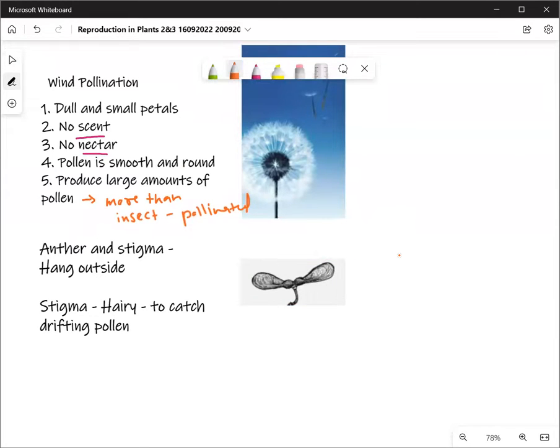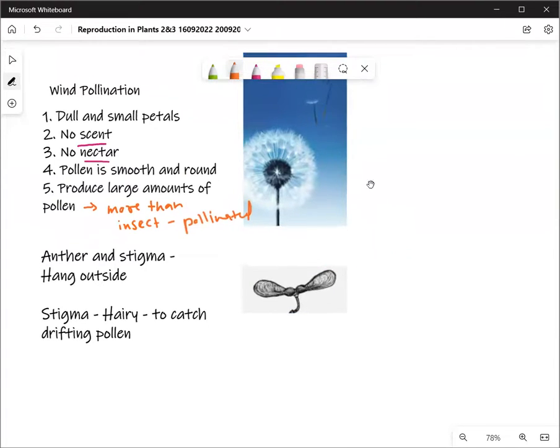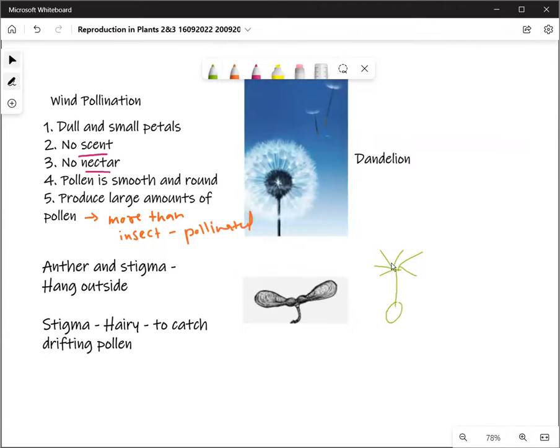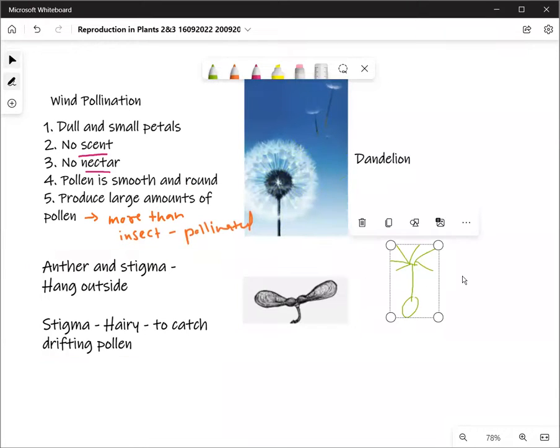On the other hand, you also have the dandelion. These look like this, a lot of feathers on top and a seed hanging like this. Now when the seed is traveling, it will get stuck with the stigma. Because the stigma is hairy, it will catch the seed. That's all you need to care about.